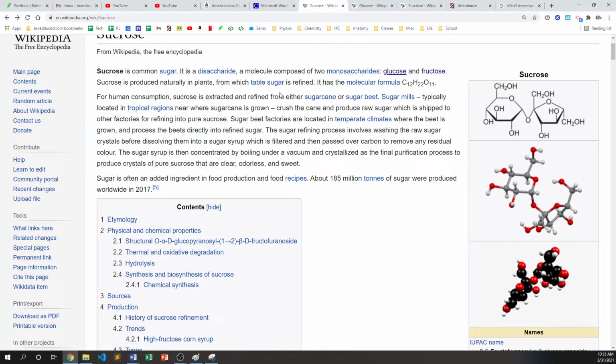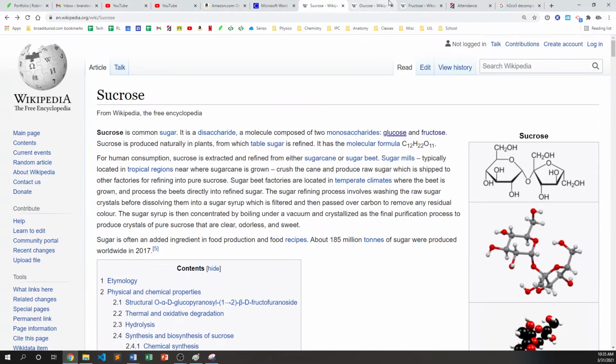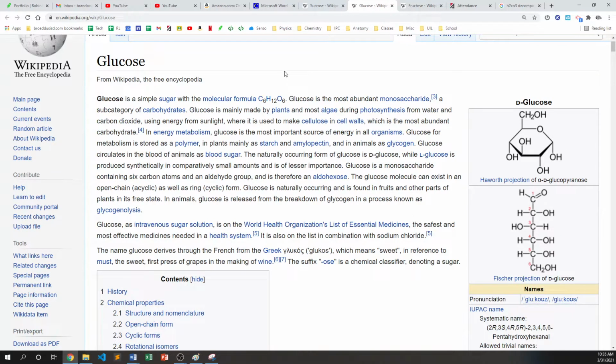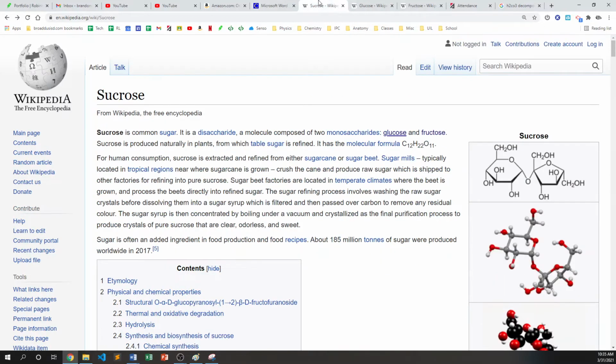Sucrose is table sugar. That's the sugar you actually use in the kitchen. Glucose is the sugar that is actually useful for chemistry. It's your blood sugar. It's the sugar your body converts sucrose into. And sucrose is actually a combination of glucose and fructose bonded together.